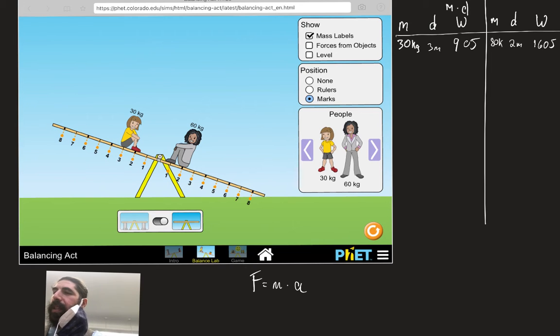But in this case, the acceleration is from gravity, and that's the same on this side as it is on this side, so we can kind of ignore it. So 30 kilograms times 3 meters gives me 90 joules of work. And on this side, 60 kilograms times 2 meters gives me 120 joules of work.